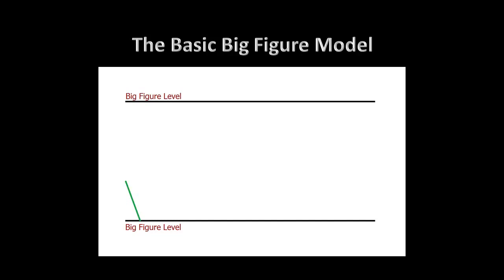Price trades down to the big figure. I'm speaking in terms of the highest probability. If this big figure on the low end hasn't been traded to for several days or weeks, you can reasonably expect a price bounce or reaction off of it. 20-30 pips is not uncommon, as much as 50 pips to retrace back into a mid figure. That bounce could come in the form of a bullish SMT divergence.